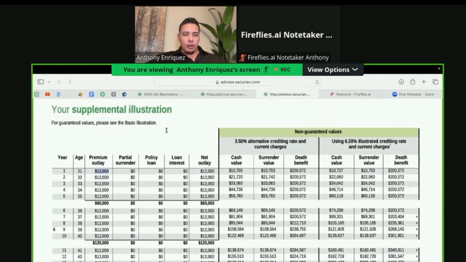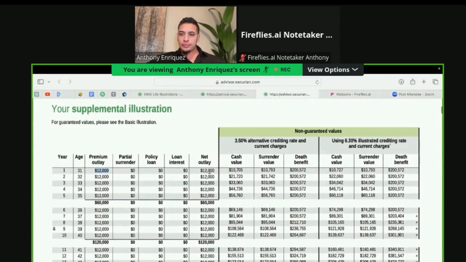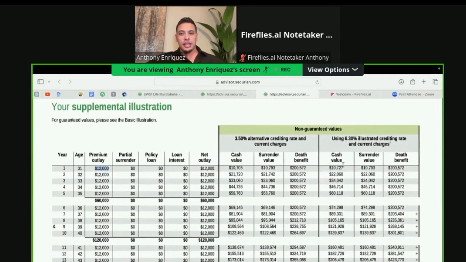Just like in our previous design, $12,000 is going to be the premium and net outlay. I want you to notice here, there is no surrender charge, and the difference between our net outlay and our cash value is going to be strictly just the fees for this specific death benefit amount, 200 and some change in this case.